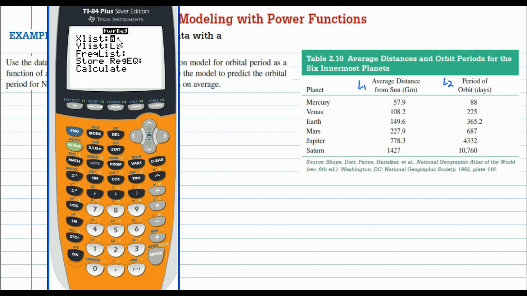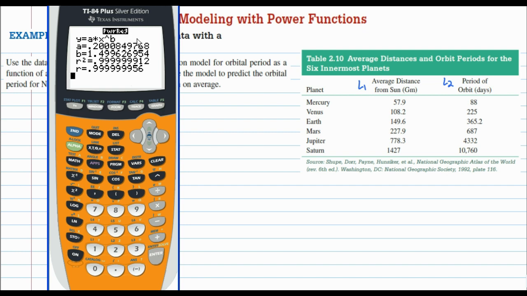My x values are in L1, my y values are in L2. We don't have to worry about frequency list. We want to store the regression equation into y1, which I have already cleared out. And now I'm going to calculate.